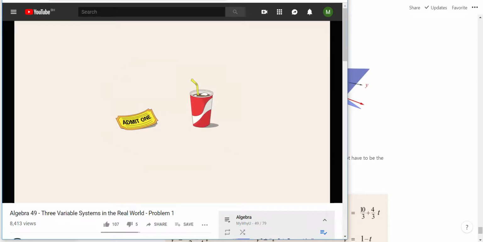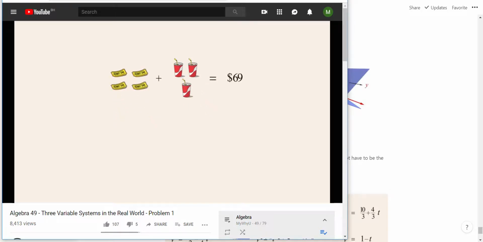In the lecture entitled Using Systems of Equations versus One Equation, we were presented with a problem involving two groups of people buying movie tickets and drinks. The first group spent $69 on 4 movie tickets and 3 drinks. And the second group spent $88 on 5 movie tickets and 4 drinks.